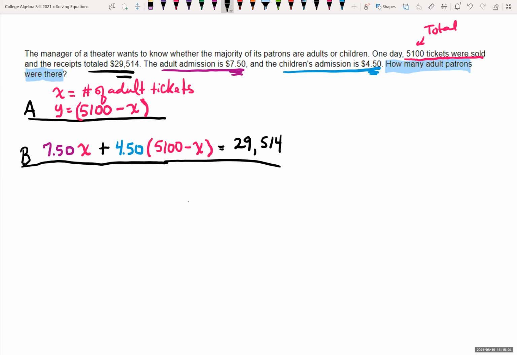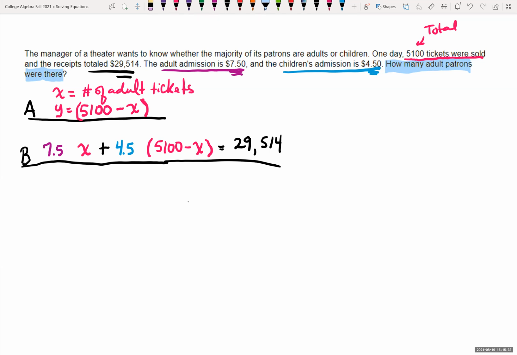Okay, so we have our equation. We're going to do a little bit of work and solve for X, and then we will know what our answer to this problem is. So I'm just going to bring this down. We're talking about clearing decimals. I noticed that I technically don't need that 0 after the 5, so 7.50 really can just be 7.5.